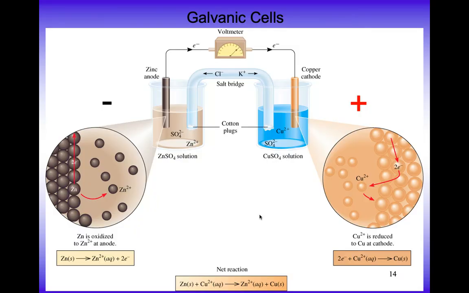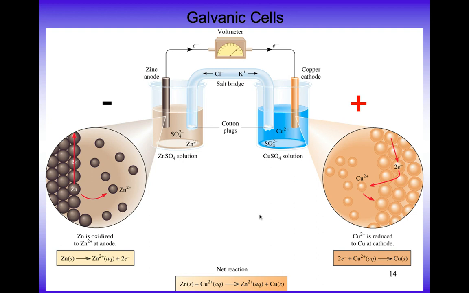So this is more of a close-up view of what's going on in one of these galvanic cells. Specifically, this is a zinc and copper cell. On the left-hand side, you have a zinc piece of metal submerged in a zinc solution, and in the other half of the cell a copper piece of metal submerged in a copper solution.